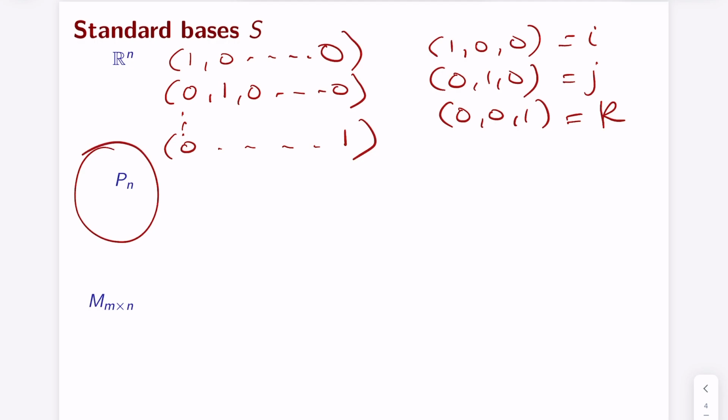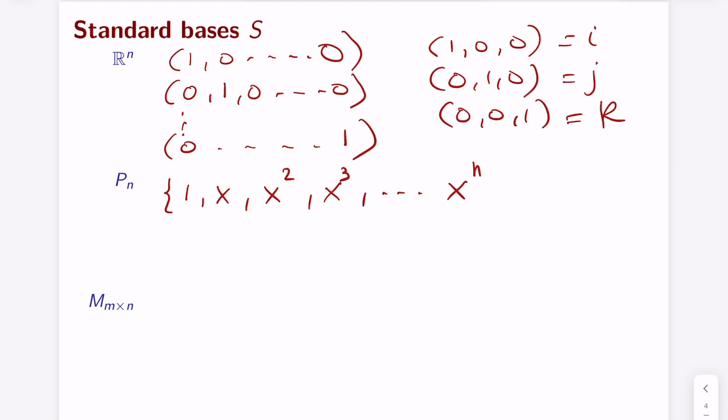So for instance, for the vector space of the polynomials of degree n, the standard basis is going to be given by the vector 1, the polynomial 1, the vector x, which is the polynomial x, the vector x squared, x cubed, all the way until x^n.